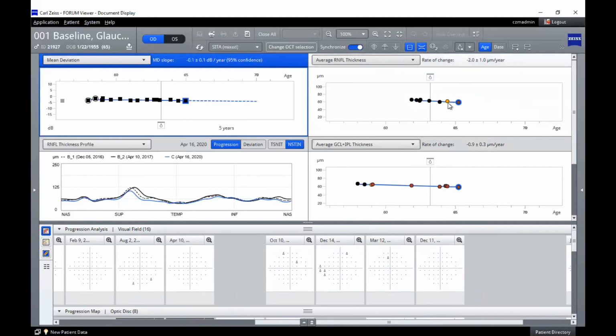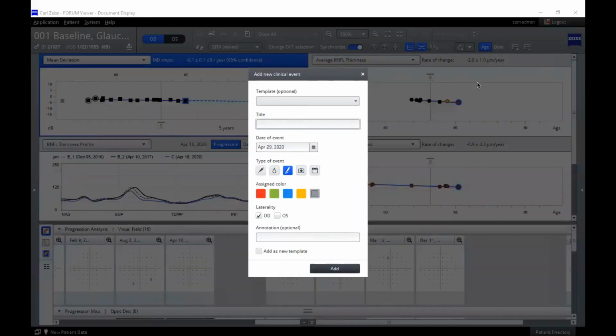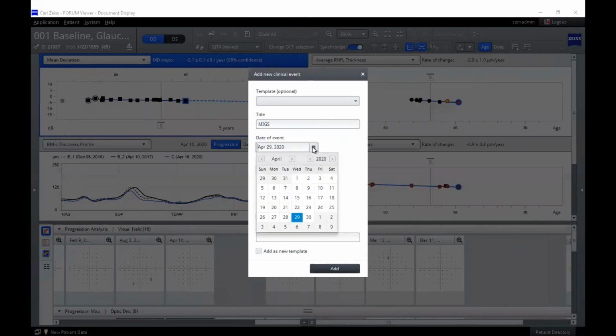And you can see where interventions like a drop, and in this particular case, we had done a MIGS procedure in 2017 in the individual, and seeing change there as well, as well as instituting these clinical events. And if we wanted to add that MIGS surgery, we can easily add that in, picking a date, whatever date it might be. Let's say that was in April of 2018.